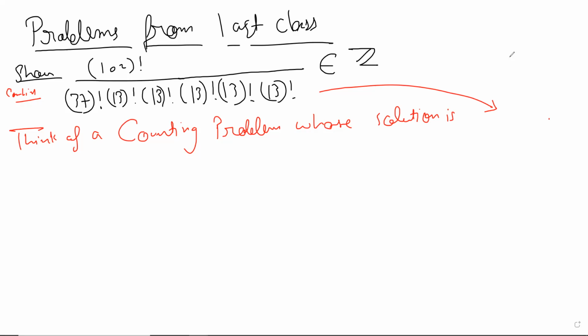But this is not the only way. You can also try something semi-combinatorial. You can use the chooses, something choose something, times something choose something, times something choose something. Just like last class, we had 20 choose 2, 18 choose 2, then 16 choose 2.